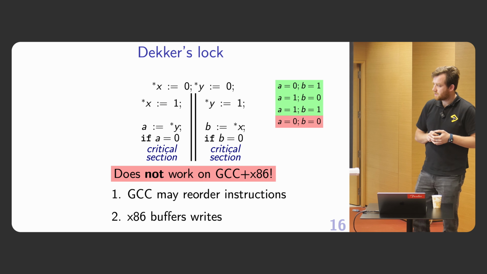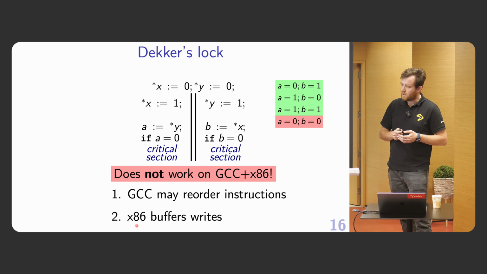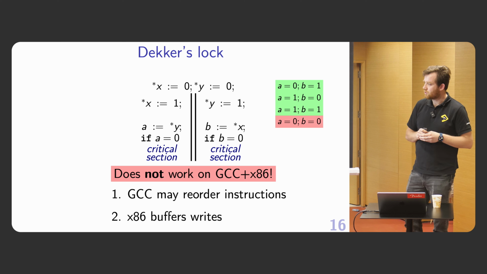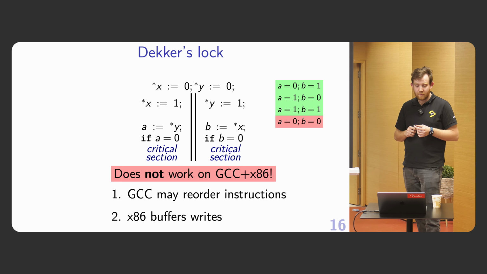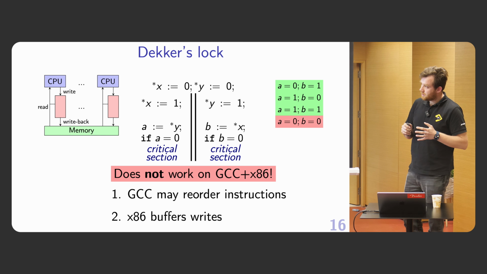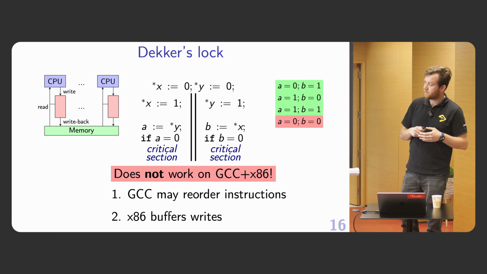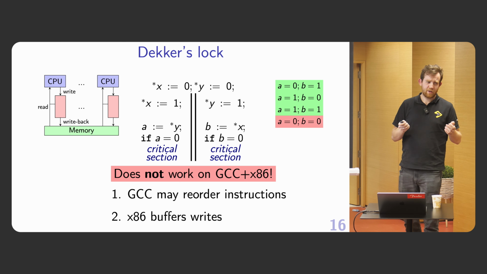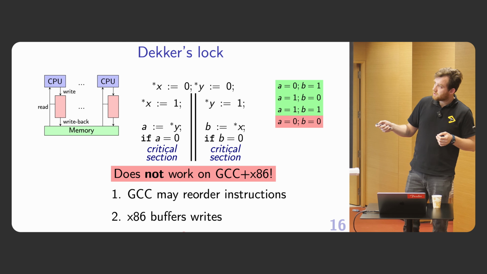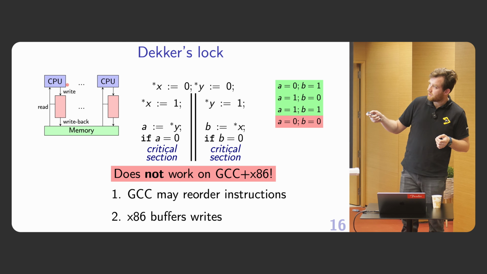And the reason for that is that x86, and actually ARM as well, may buffer the writes. To explain what's going on, I'll use a mathematical representation of the architecture. Here, instead of plain connections between the CPUs and memory, there is something in between.